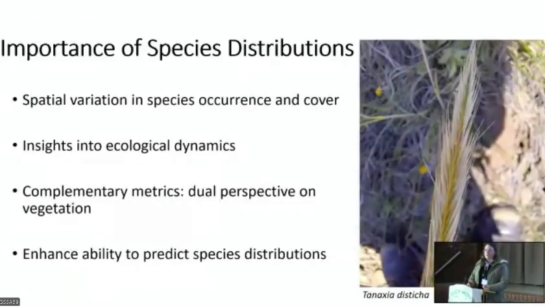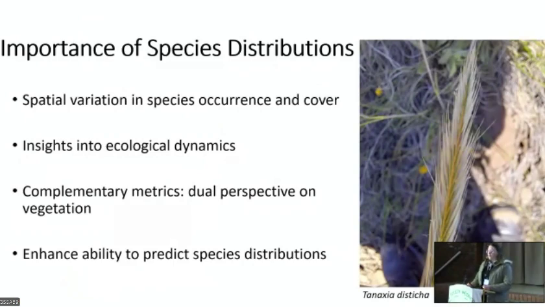So the spatial variation in species occurrence and cover can offer valuable insights into the ecological dynamics of a system. The factors that influence a species occurrence reflect the necessary conditions for a species survival, while the factors that influence a species cover can reflect the resource availability and disturbances that impact a species abundance.